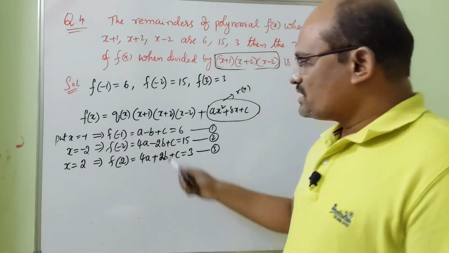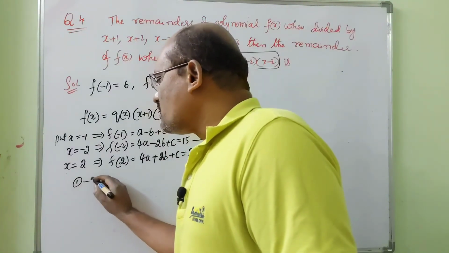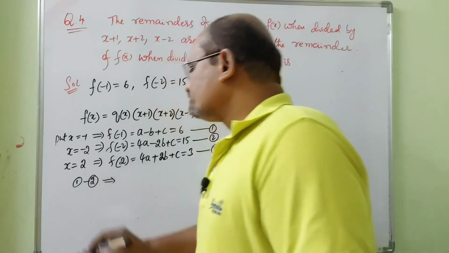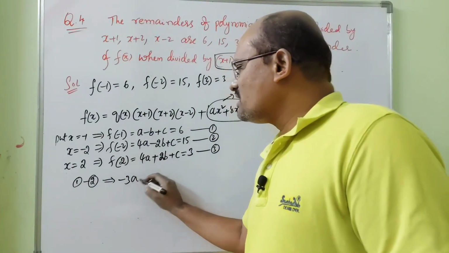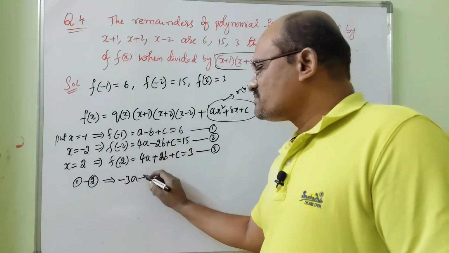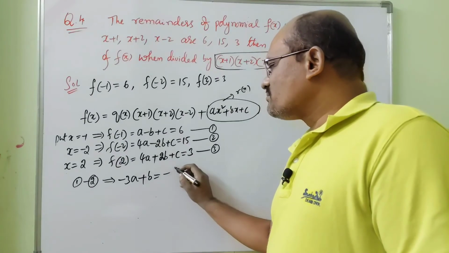How to solve? Here we have c, c, c. That's why first I want to eliminate c. For that I will do 1 minus 2. Subtract 1 and 2: a minus 4a is minus 3a, minus b plus 2b is plus b. c, c gets cancelled. 6 minus 15 is minus 9.